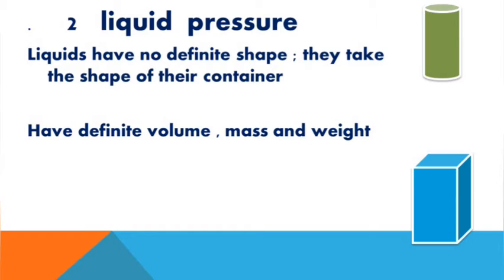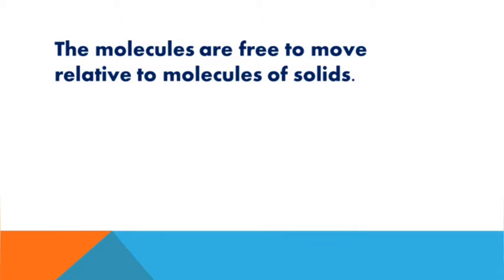So it doesn't have a fixed shape, but it has definite volume, mass, and weight. The given amount of liquid will remain the same. When you change the material that you are holding the liquid in, the amount will not be changed. So it has a definite volume, mass, and weight.